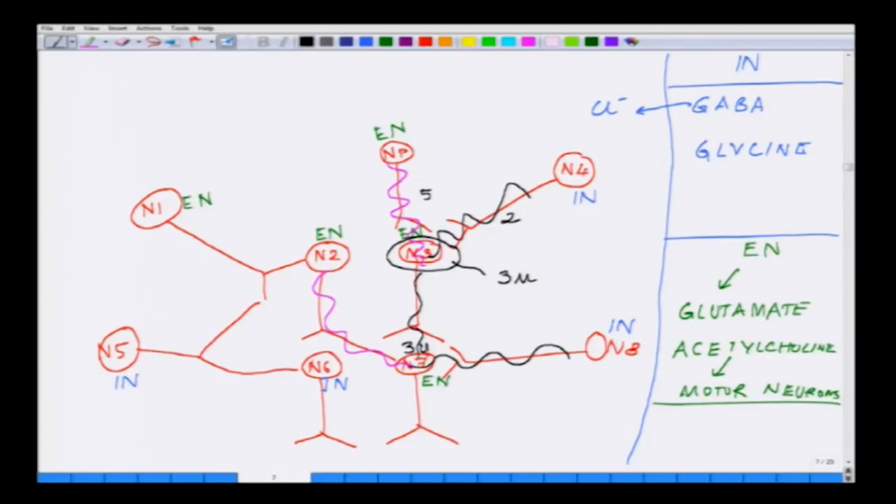Now, these 3 signals, so if say for example, this is 5 units. Okay. So, essentially if this negative signal is 5 units and there is a positive signal of 3 units, that is plus 3 minus 5, so this is minus 2. So, this signal which is coming should be greater than minus 2 in order to ensure that the signal does not end at N7, otherwise the signal will end at N7.